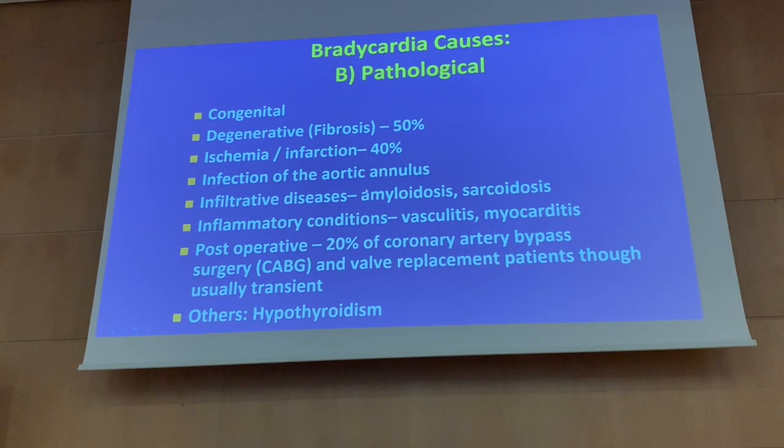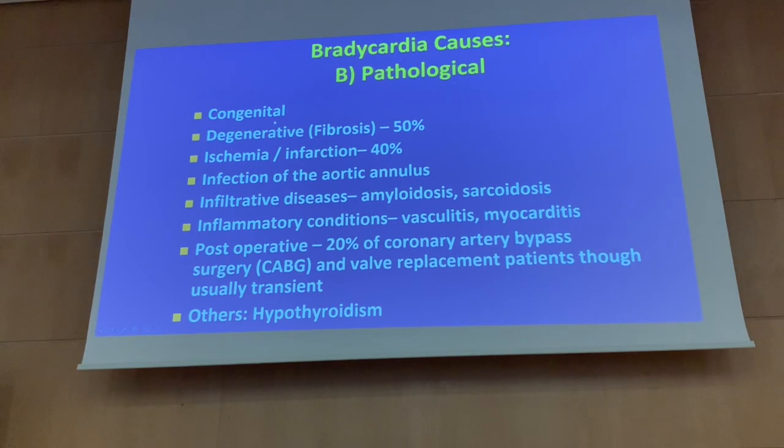And sometimes it will be pathological, meaning a cardiac problem, like congenital heart disease. A patient born, for example, with Down syndrome and complicated congenital heart disease, some of them will have bradycardia. Degenerative is the most common, and this is an MCQ question. Clear?